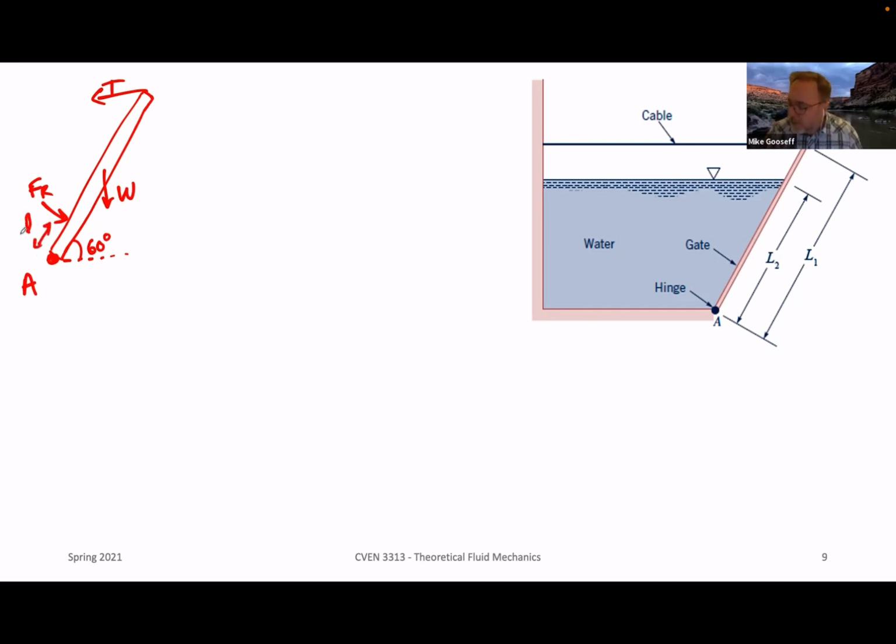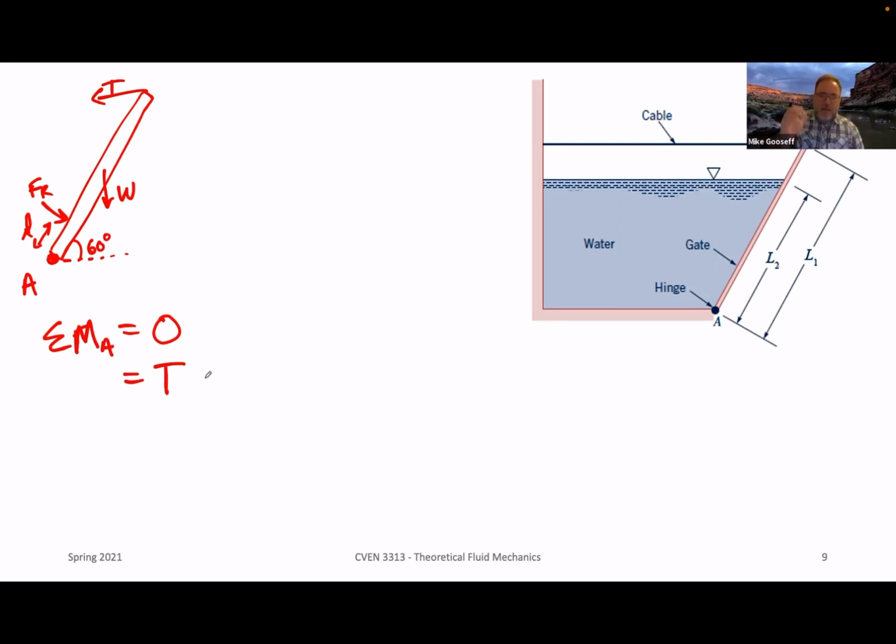Okay? And we need to differentiate a couple of things here. This is part of the reason that I chose this problem. So first of all, I'm going to start with the moments and simply state that the sum of the moments about A have to sum to 0. When we write these out, we have T, the tension, acting in this positive direction.